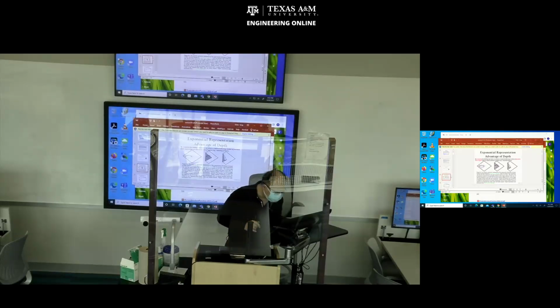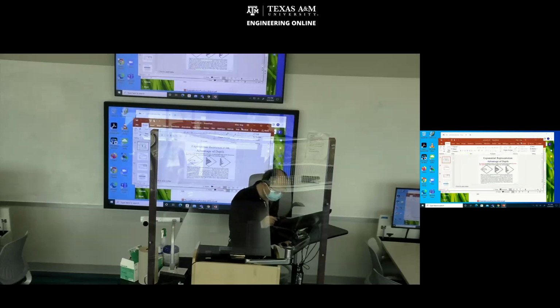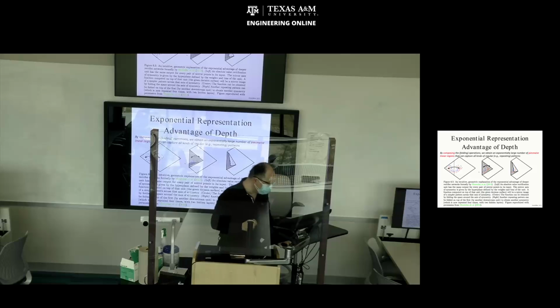I just copied a figure, but something in the figure is missing. So let me see whether I can draw in the figure, okay?